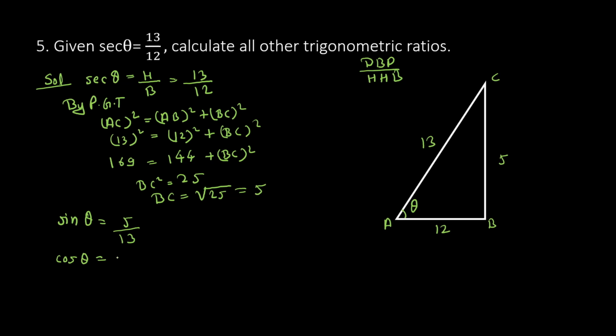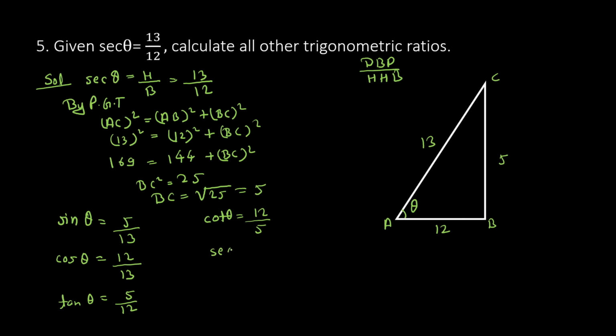Cos theta is base upon hypotenuse, so base is 12 upon hypotenuse 13. Tan theta equal to perpendicular upon base, so perpendicular is 5 upon base 12. Now cot theta equals 12 by 5.